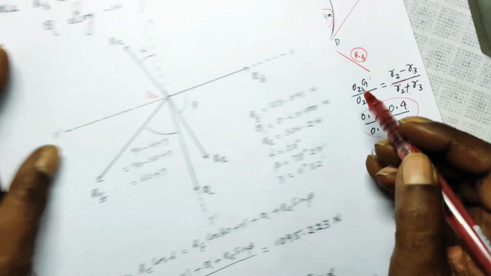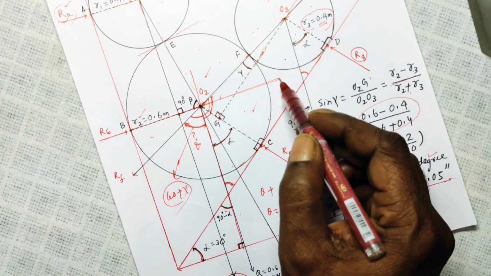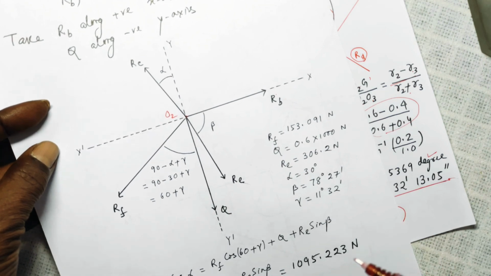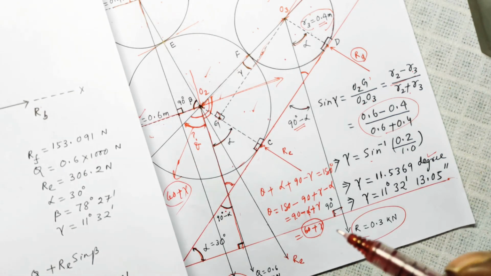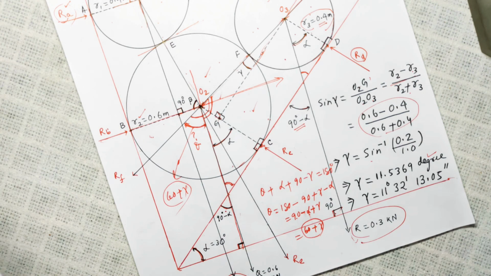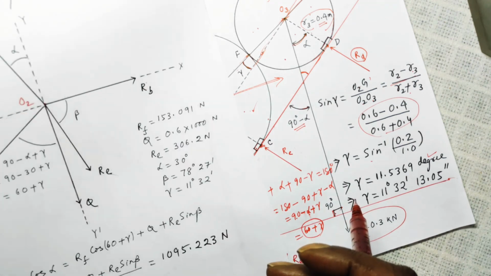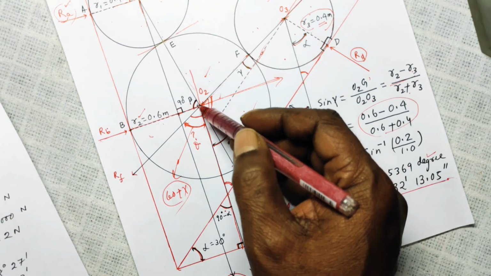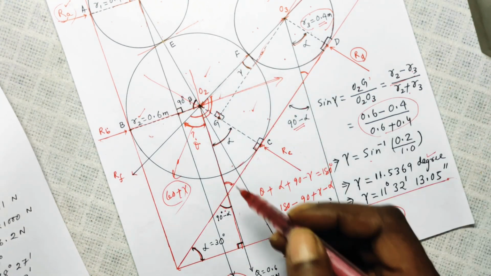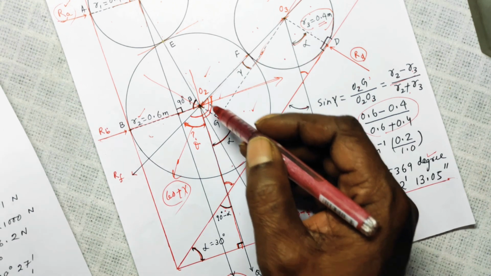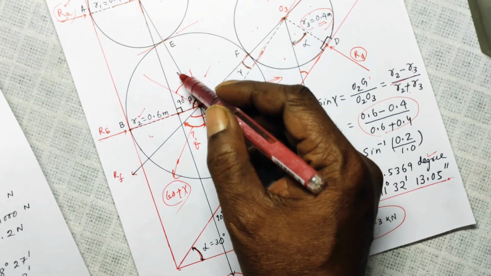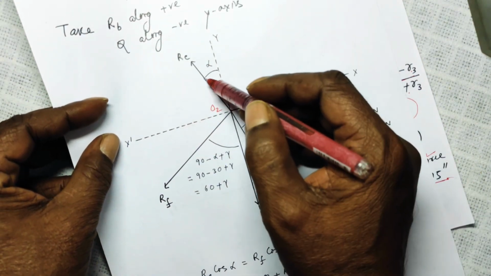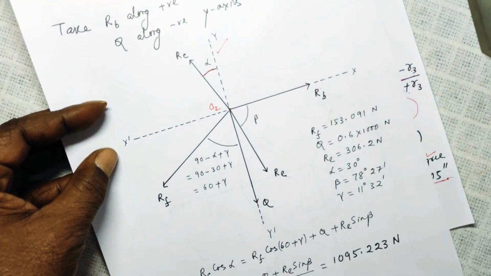RB is to this side, which I have shown here. And your RC pointing this way. So if this is angle alpha, this angle will also be alpha, vertically opposite. So RC I have shown, making angle alpha with the vertical.